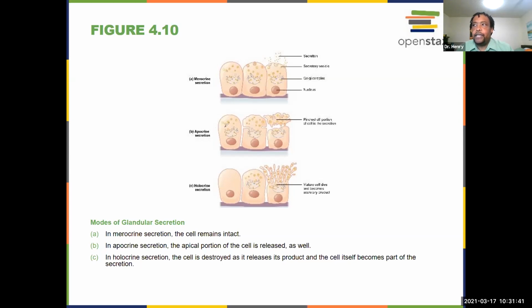Apocrine, basically you're going to get a pinching off of the cell. Your secretory vesicles are going to move up here, and then this whole thing is going to pinch itself off, and that is used as a form of secretion.